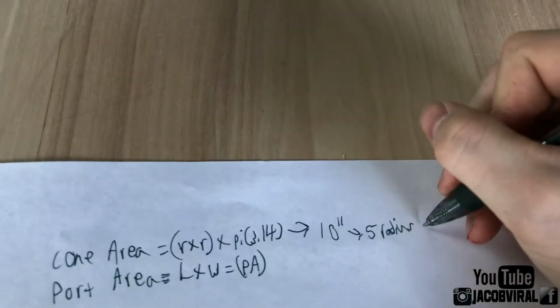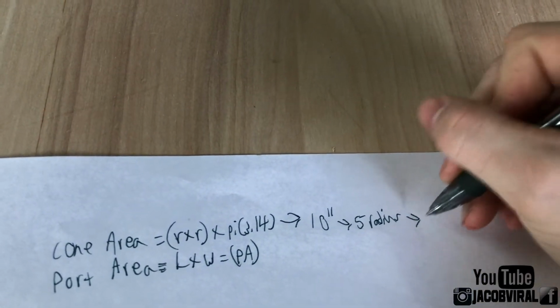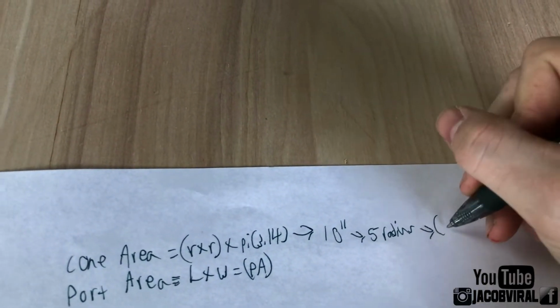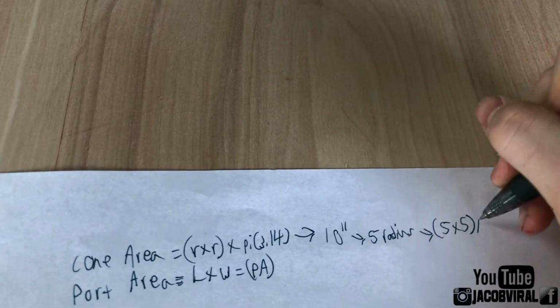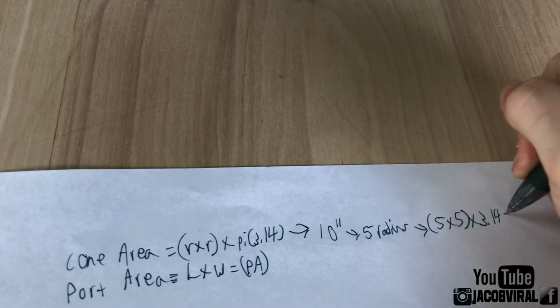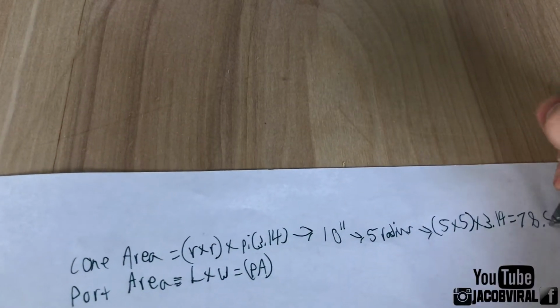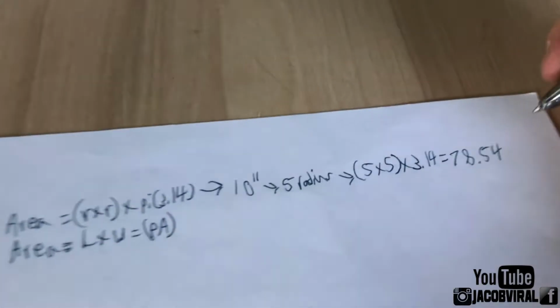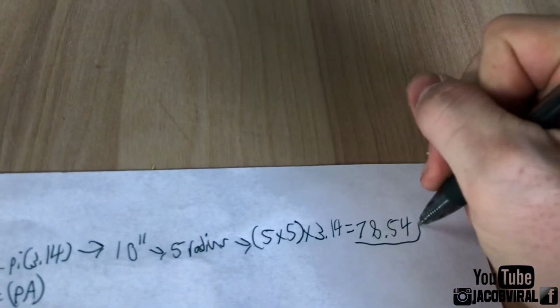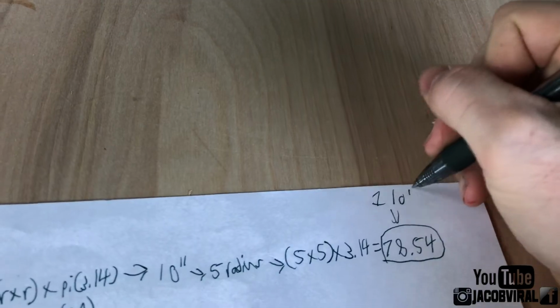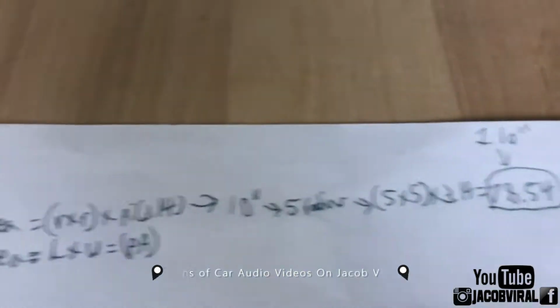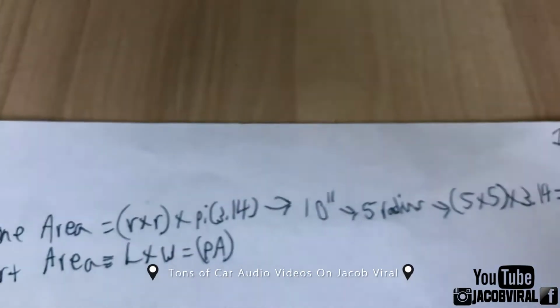So 5 times 5 times 3.14 equals 78.54. So the cone area of my subwoofer for one 10-inch is that.